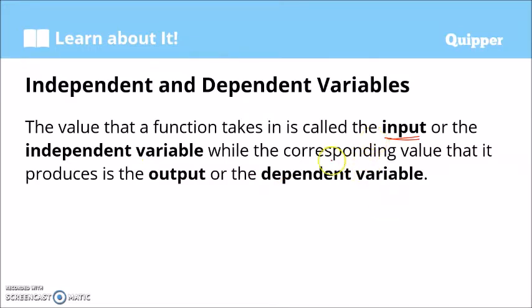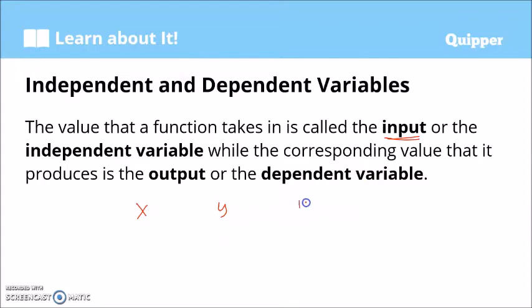So, if we have x and y, kung ano yung ina-assign natin na value kay x, yun ang magproproduce ng another value kay y. So, yung inassign natin, that would be the independent variable or the input. And yung mapuproduce na value ng y, that would be the output or the dependent variable.